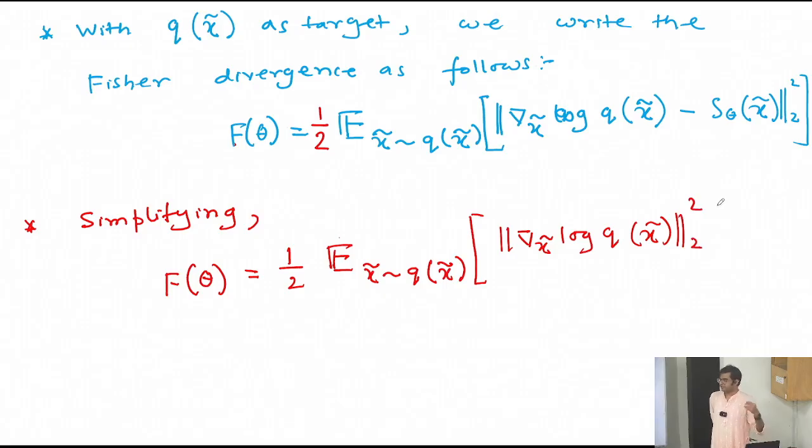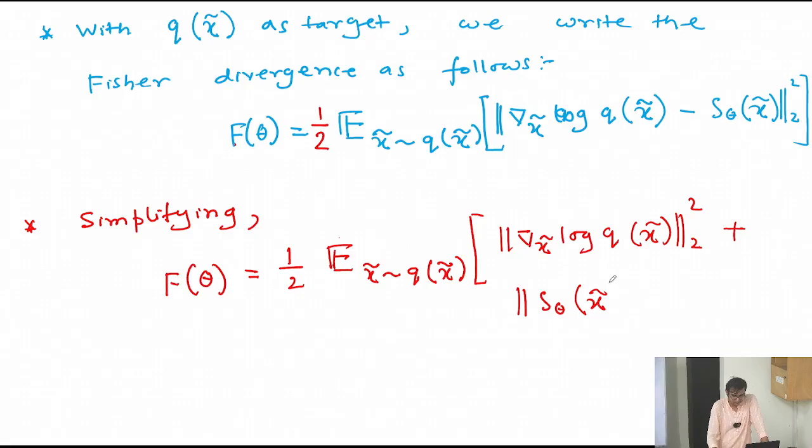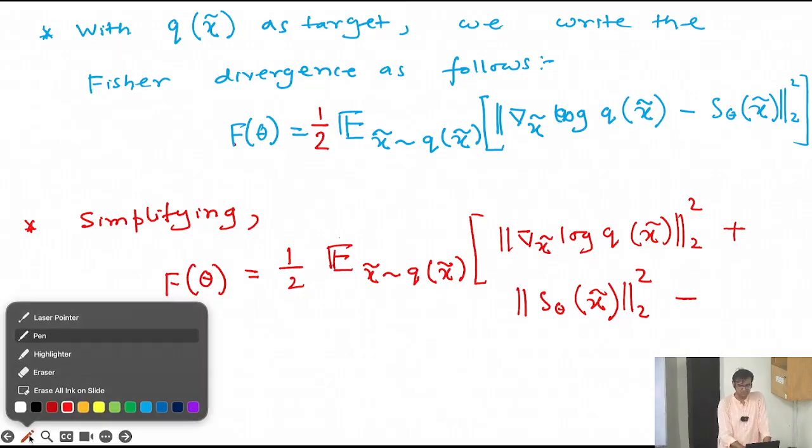To become a constant and vanish, not a function of theta. That's the role of this term. Second term, norm of s theta. Minus. What is the role of this term? To stay as it is. This term was never a problem for us. This term was existing even before. The only change is that instead of x, it has become x tilde.